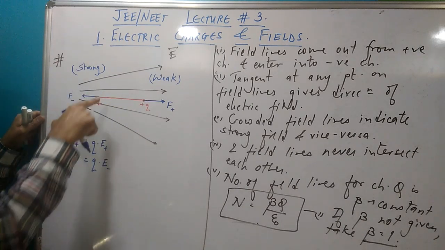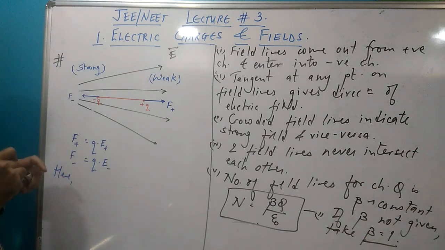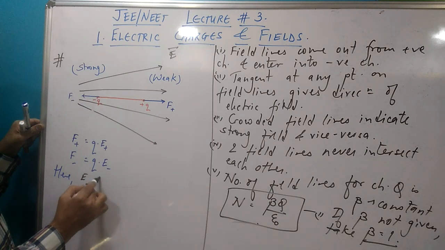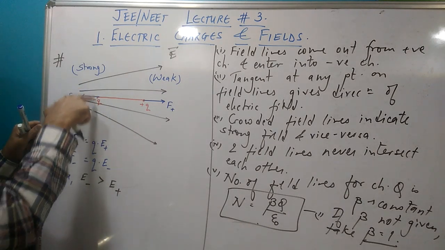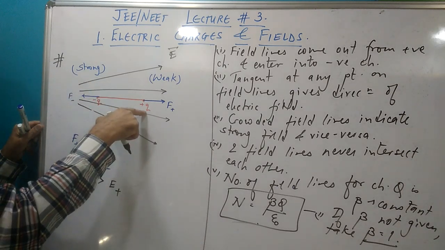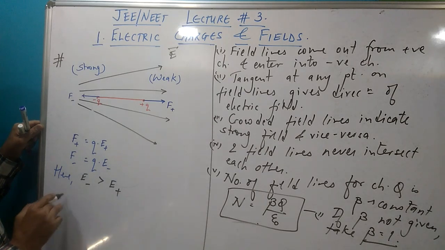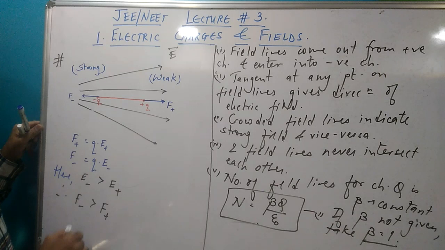Where is electric field more? Here. E minus greater than E plus. You agree? Here the electric field is stronger. Here the electric field is weaker. So E minus is greater than E plus, and as a result F minus greater than F plus.